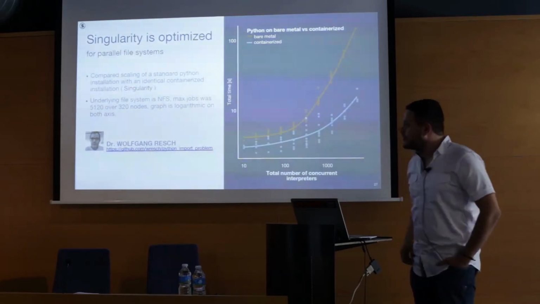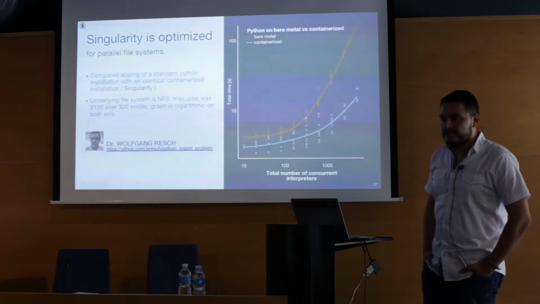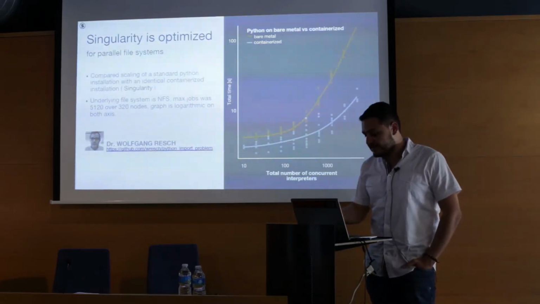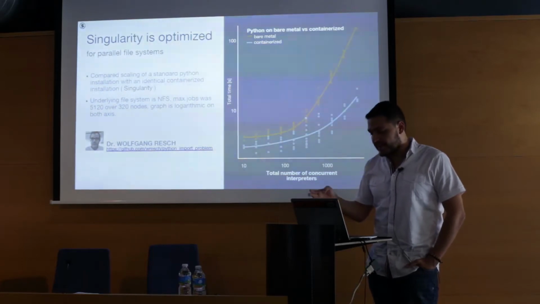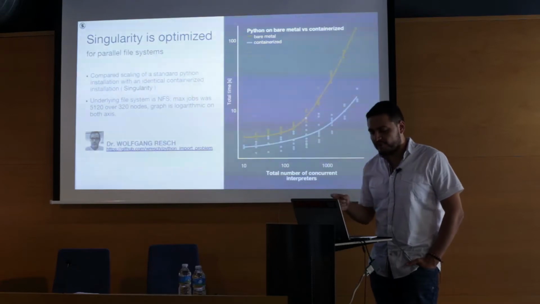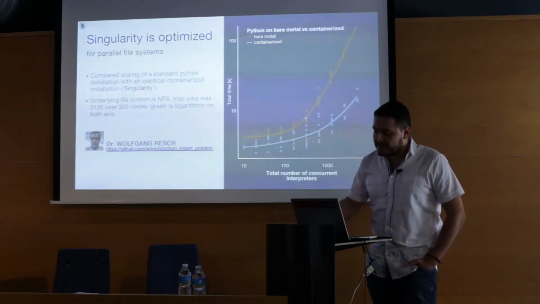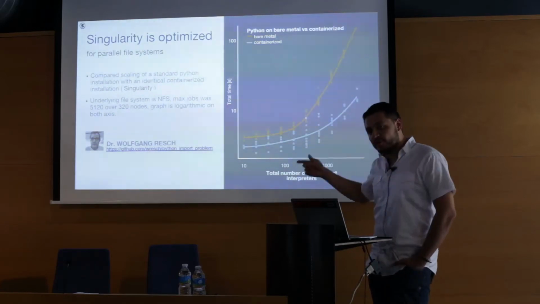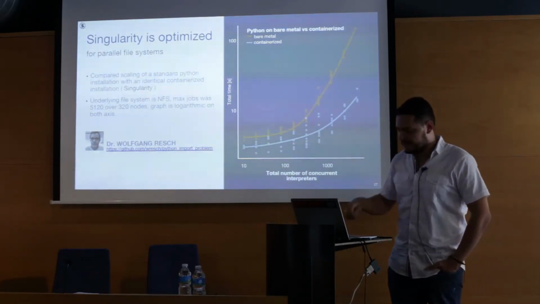Running a Python process. This is a comparison by running a small Python program 1,000 concurrent times. And running inside Singularity is faster than running on the same host without Singularity.